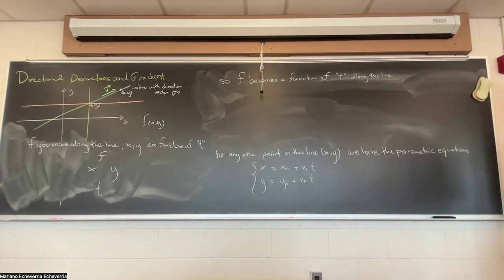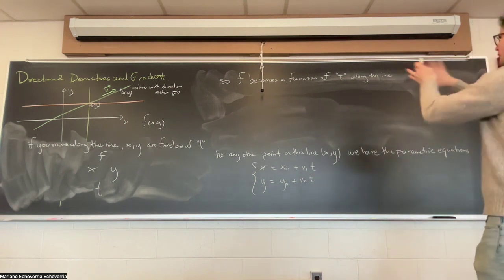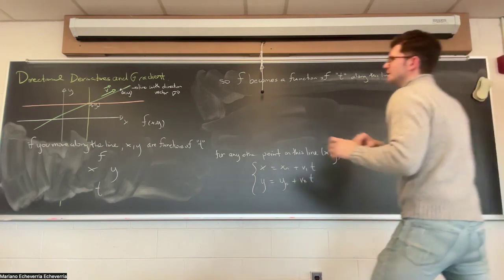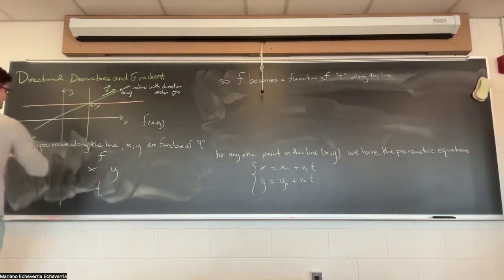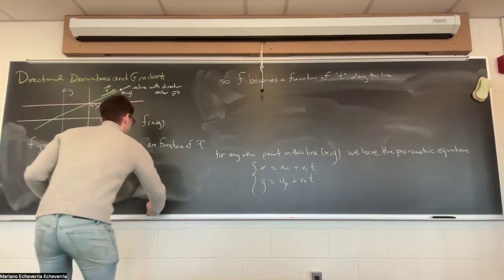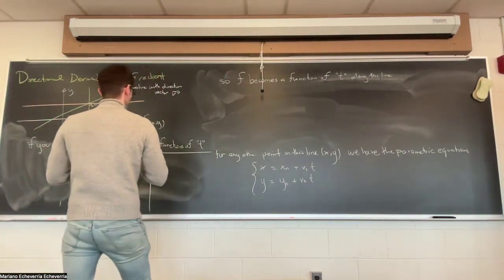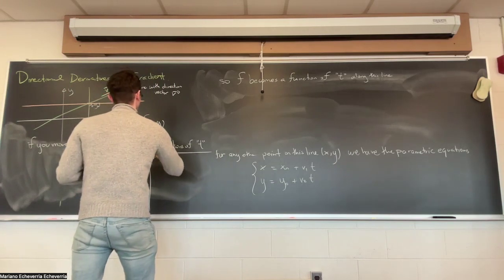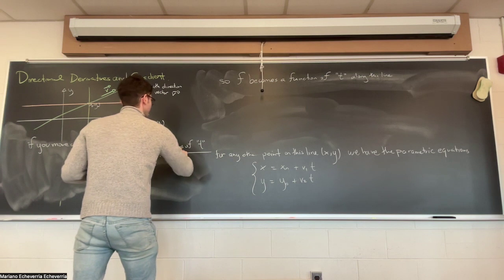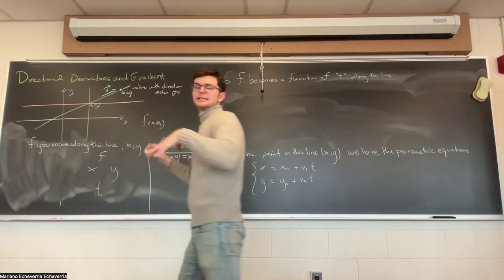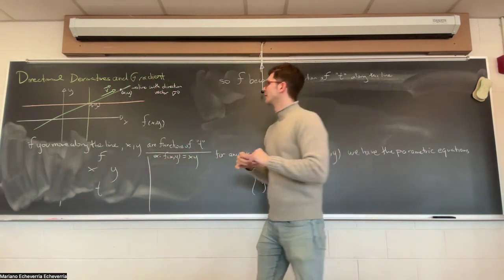It may be better at this point to do an example so that it's clearer what I mean before continuing. Here's a silly example, but it helps. Imagine that f is x times y, just something very basic, a function of two variables.